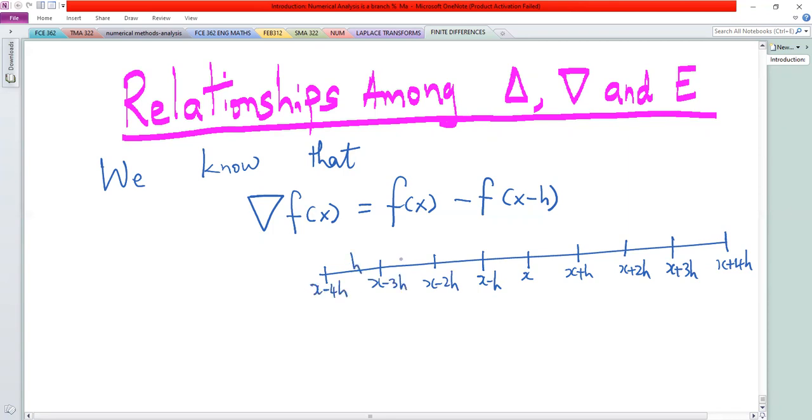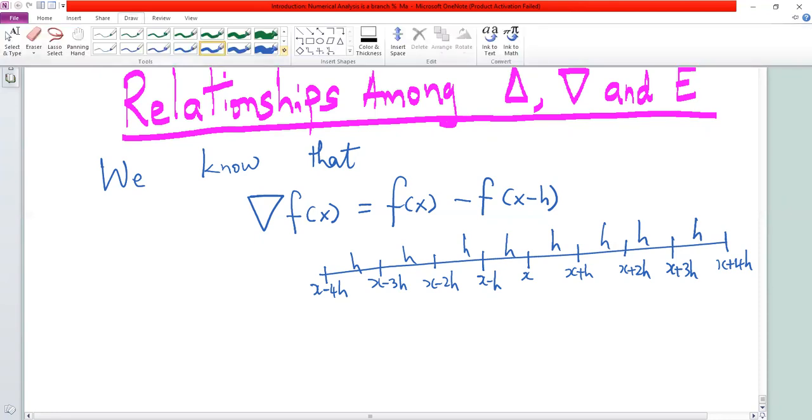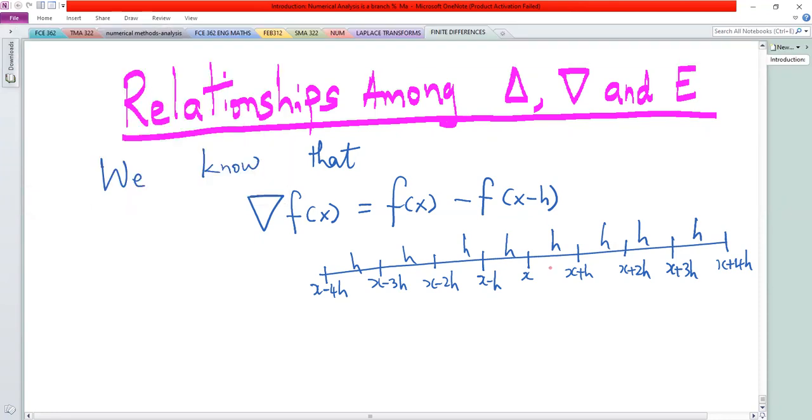So the spacing is h throughout. The value of the function at this point would be f of x, and then f of x minus h, f of x minus 2h, etc. This would be f of x plus h, f of x plus 2h, etc.